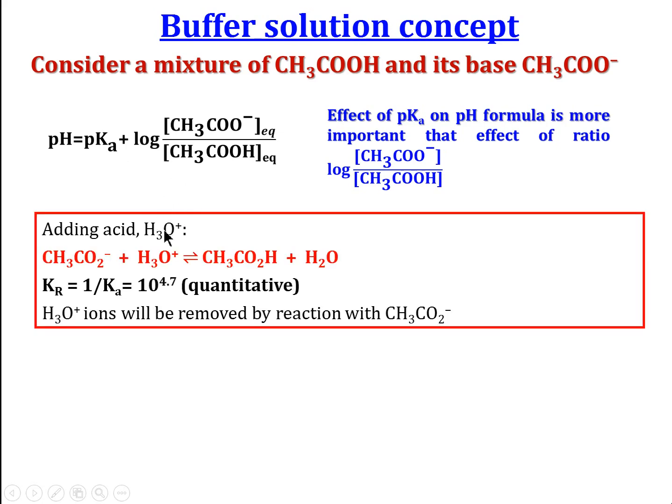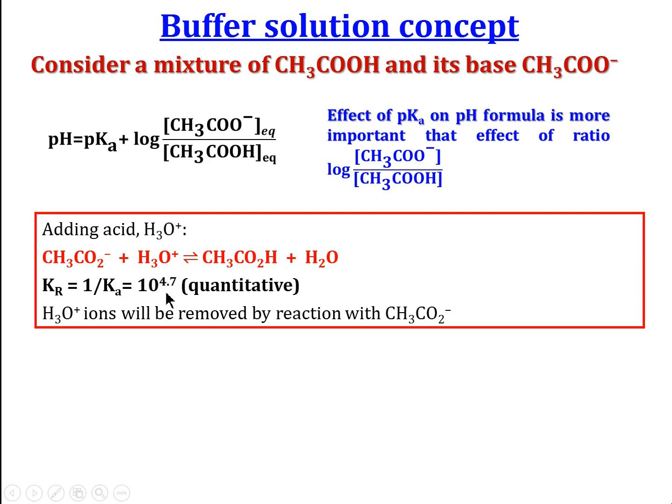By adding H3O+, we have in the solution an acid and a base. So we will have a reaction between the acetate and H3O+ to give acetic acid and H2O. K of this reaction is equal to the concentration of the products divided by the reactants at equilibrium. So Kr equals 1 over Ka, equal to 10 to the power 4.7.